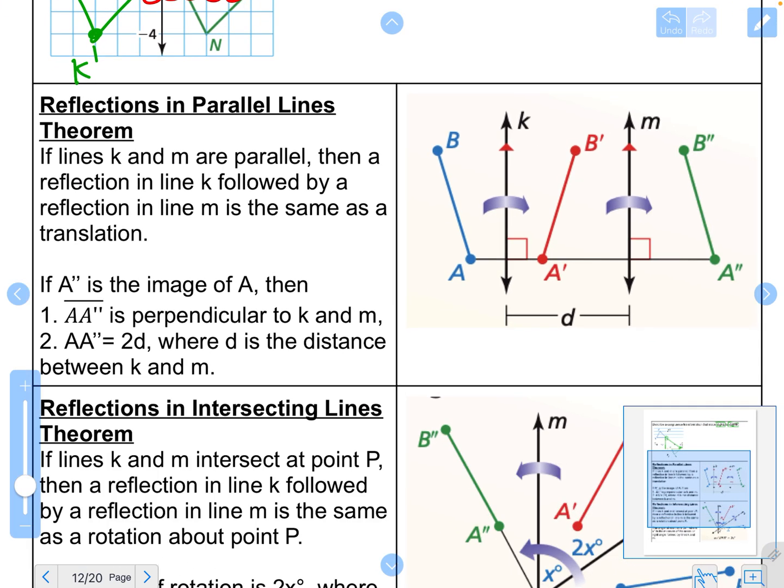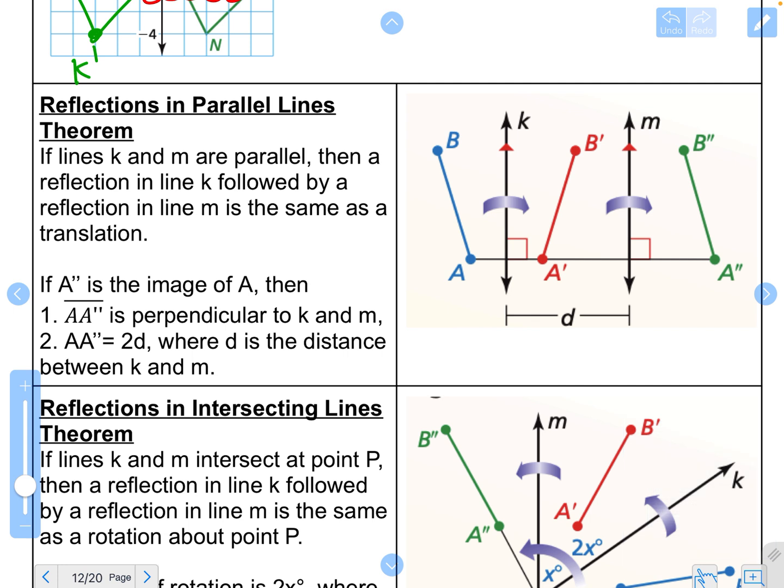So these are two theorems I want you to be aware of. We're not going to spend a lot of time on them.